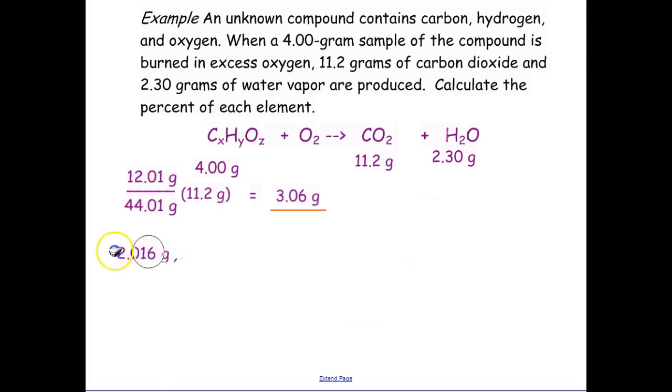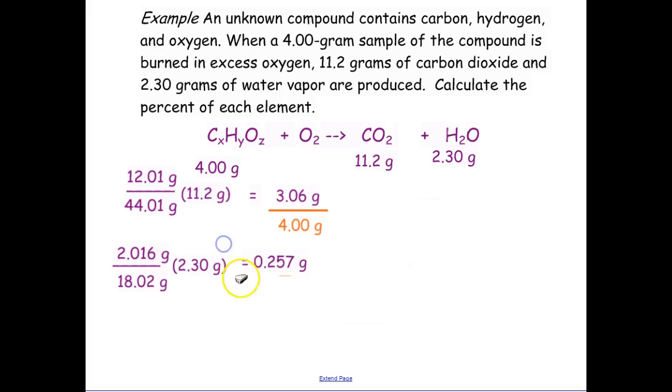And I can do the same with hydrogen. 2.016 grams of hydrogen for every 18.02 grams of water, times the original amount of water, means I have 0.257 grams of hydrogen in my water, which means I have 0.257 grams of hydrogen in my original compound.